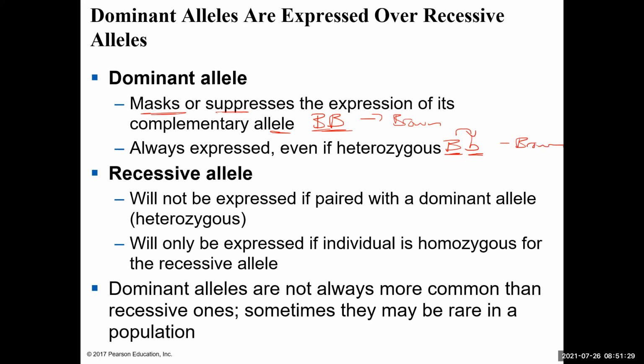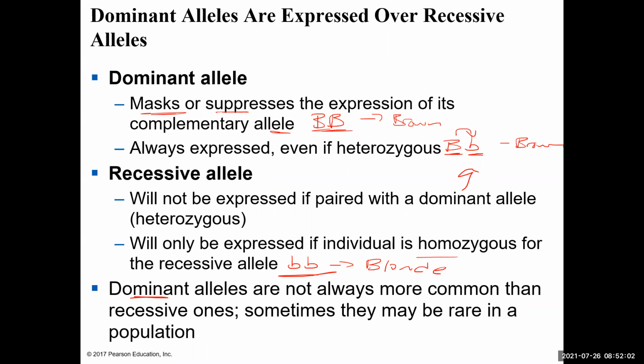You only get the recessive trait when you express that allele in homozygous recessive form, so like this. That is when you get your blonde hair. So it is not expressed if it's paired with a dominant allele, because the dominant will always suppress or mask that recessive allele.